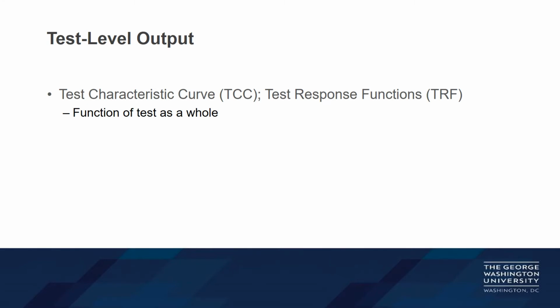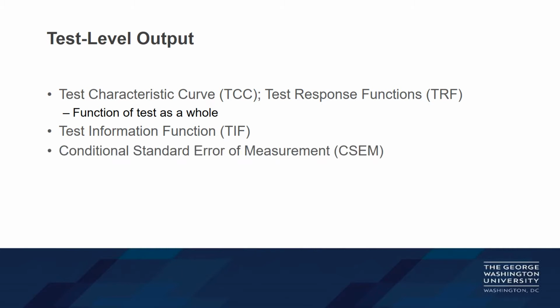For our test level output, we don't just have item level or person level information. We have test characteristic curves, or test response functions. It's how the test functions as a whole. We have test information functions, so we don't just have information around items, we have how much information the test provides as a whole.